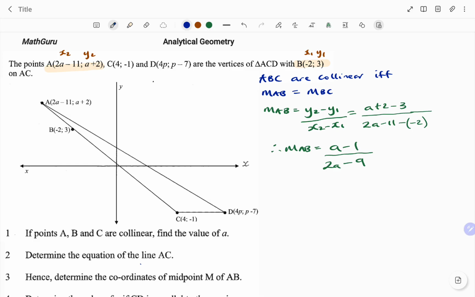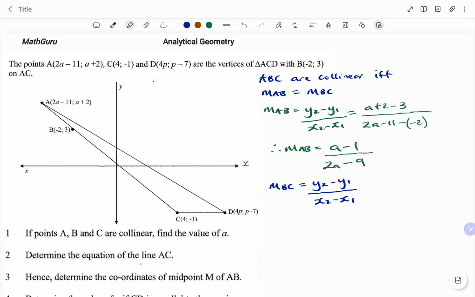The next step is to calculate the gradient of BC using the same formula for the gradient, y2 minus y1, that's change in y, over change in x. Then I'm going to change the coordinates.